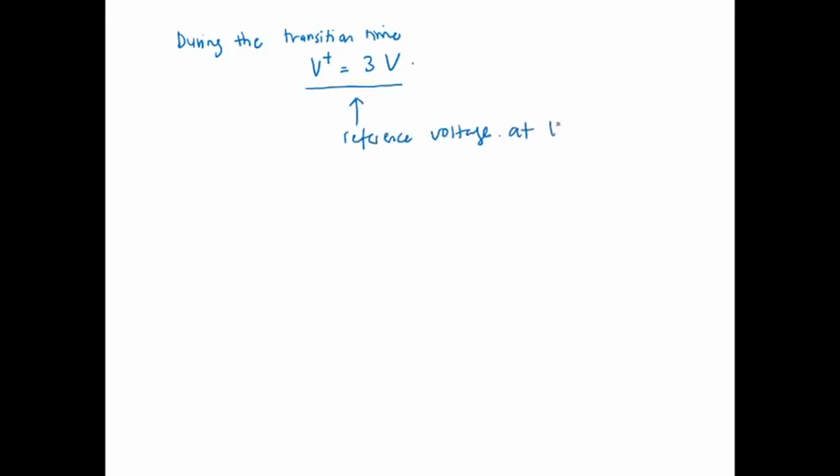Okay, so during the transition time, the input V plus is equal to 3 volt. So this will be your reference. This 3 volt will become your reference voltage at V minus.